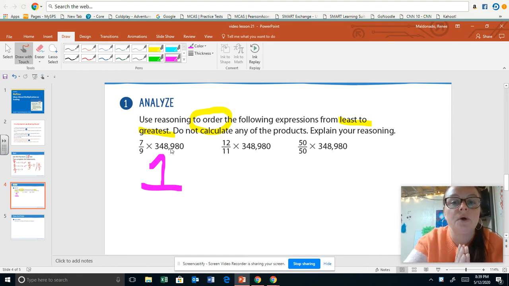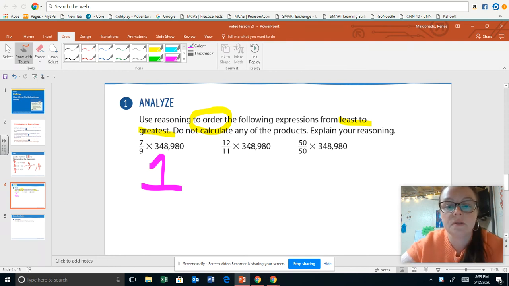It's going to get smaller because 7/9 is less than a whole. Now, the next one. So now I need the next smallest if I'm going least to greatest.